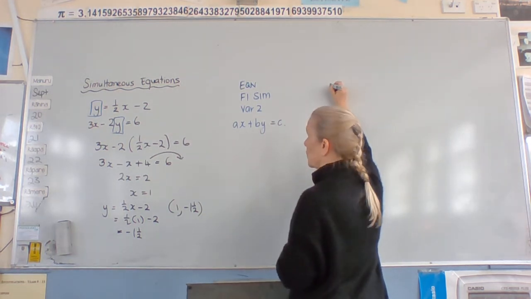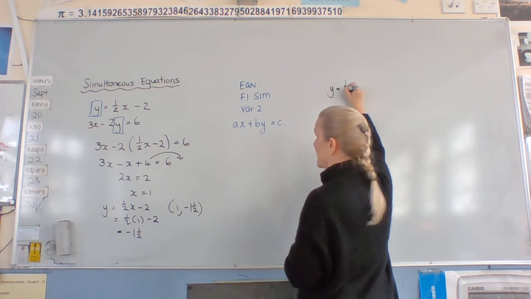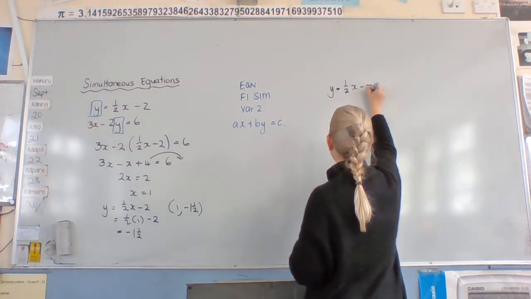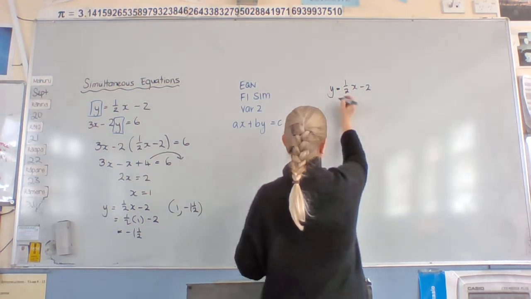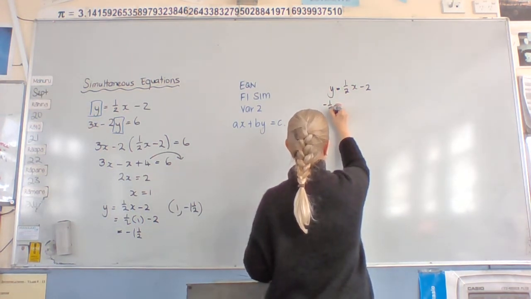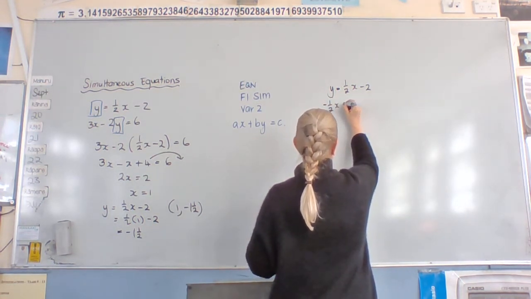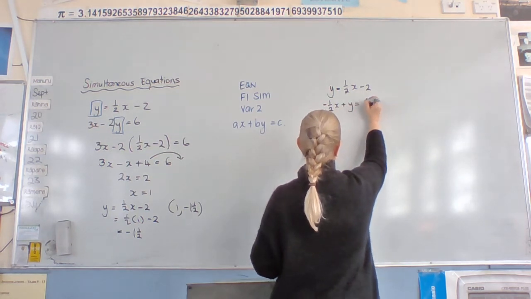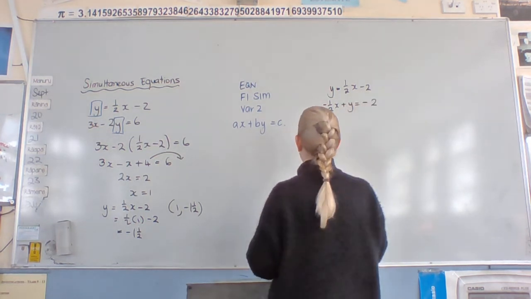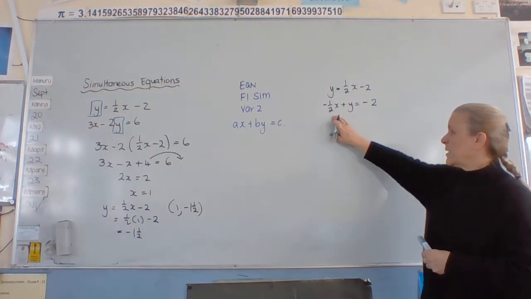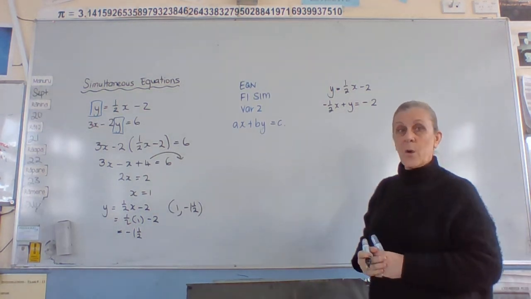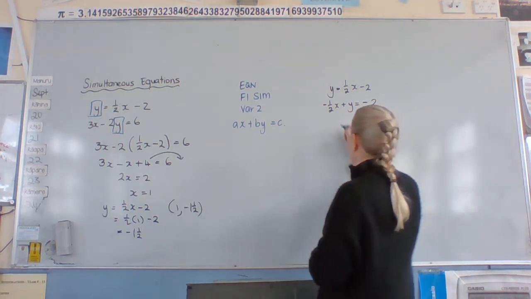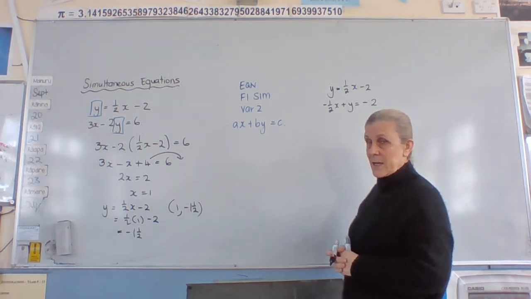So we've got y equals a half x minus 2. We need it written like this. So we need to bring the x over this side and get negative a half x plus y equals negative 2. We can do it like that, or we might not like that negative a half, so we might double the whole thing. We can do that as well. But we can put negative a half in our calculator.